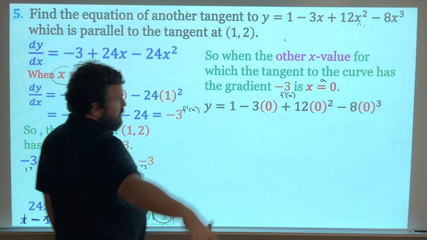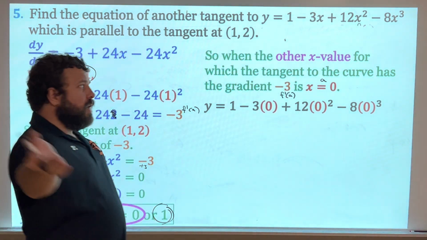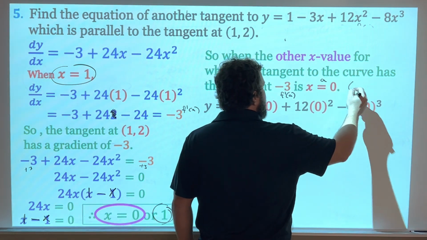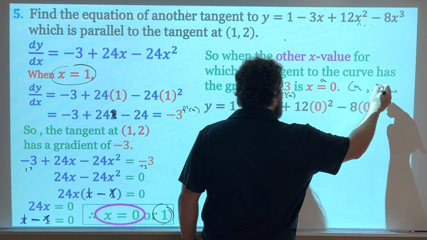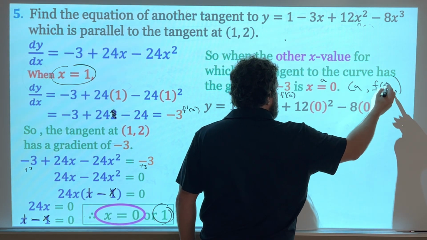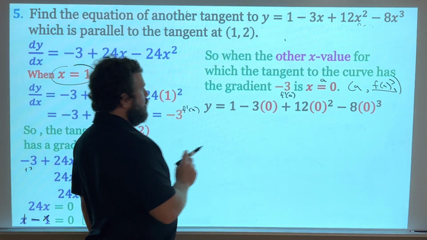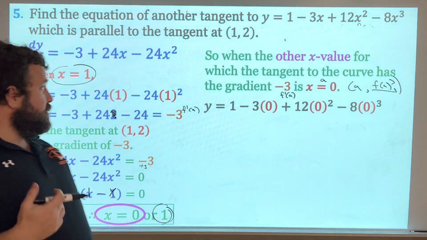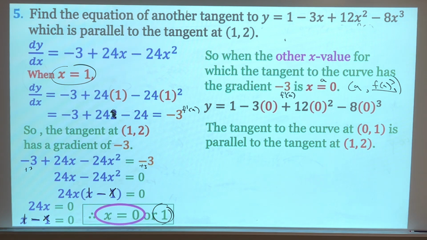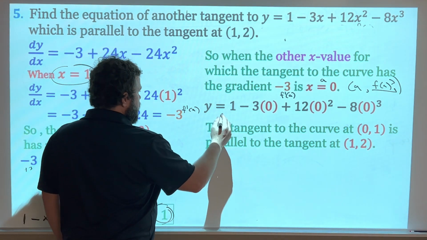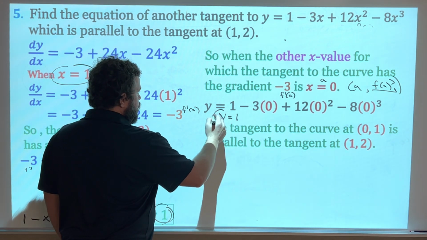So we already know that, so we don't have to plug it in. But we do have to plug it into the original equation, because we have a, we want to know what f of a is. This is what we don't know. So we plug it in here. 1 minus 3 times 0 is 0, minus 0. So this becomes y equals 1.